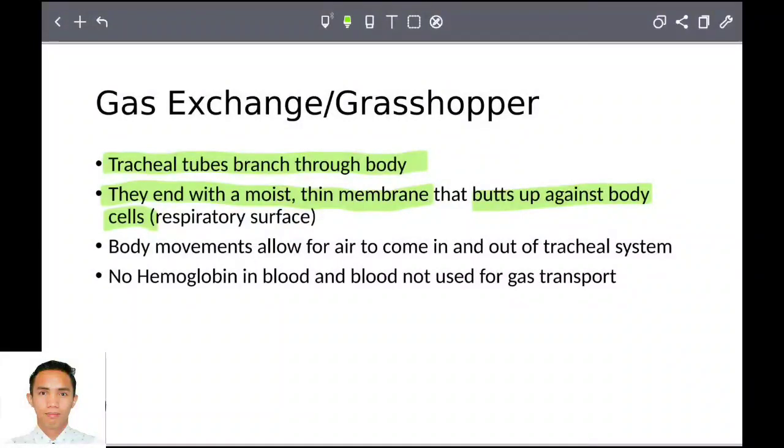Body movements allow air to move in and out of the tracheal system. There is no hemoglobin in the blood, and blood is not used for gas transport. That is gas exchange for the grasshopper.